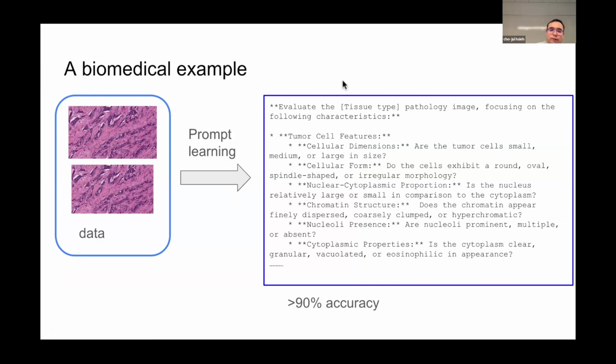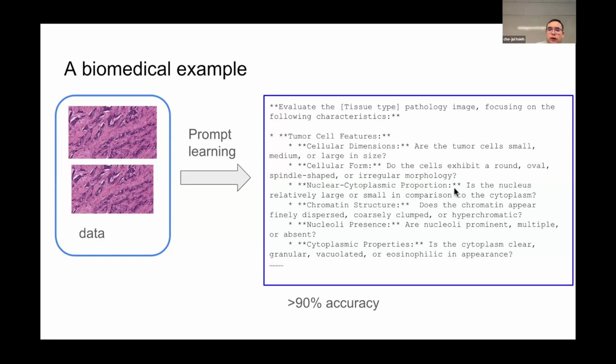So combining this new prompt, we can get greater than 90% accuracy on predicting these cancer cells. And an even better thing is that because it's just a prompt, we don't really change the language model. We are using the same Gemini Flash model, but just with a more complex prompt learned by the process.